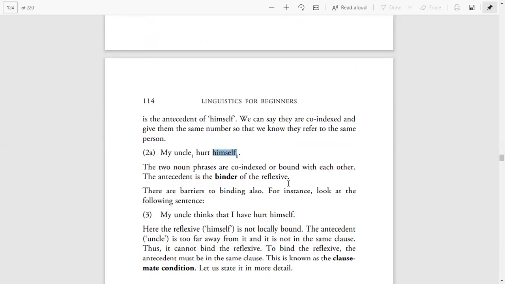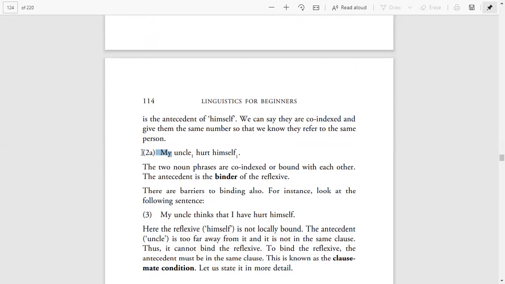The antecedent is the binder of the reflexive. So my uncle is the antecedent, and it is the binder of the reflexive himself as well. There are barriers to binding also.